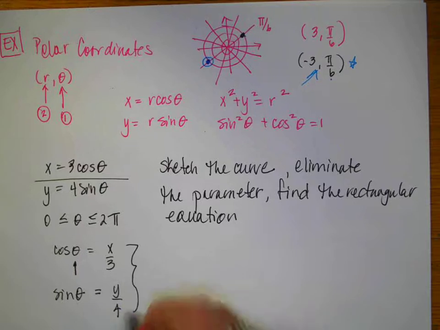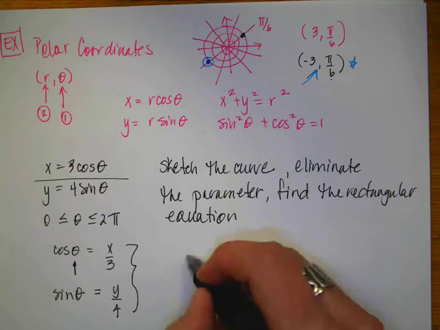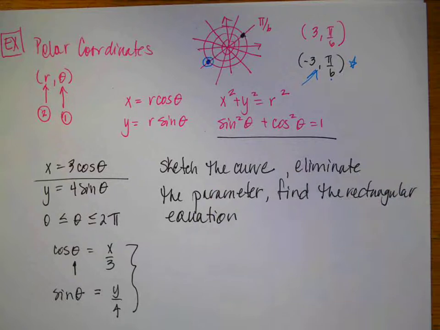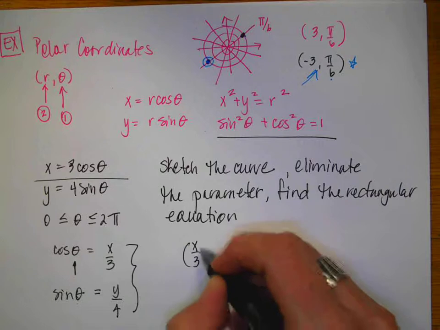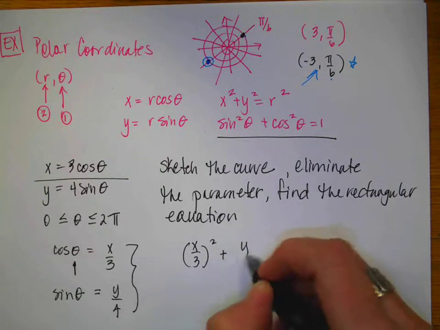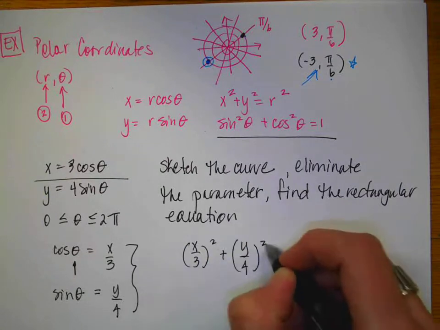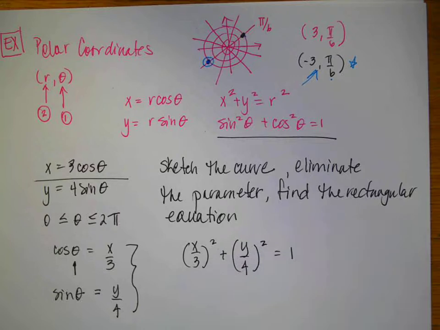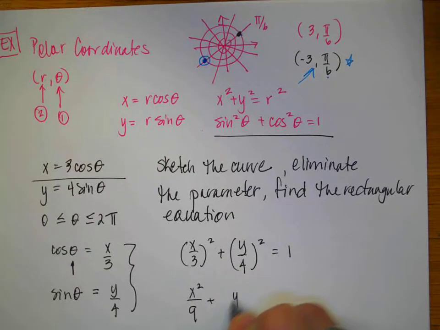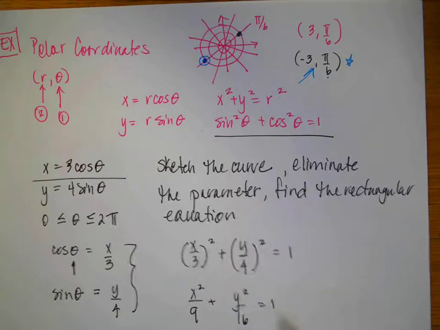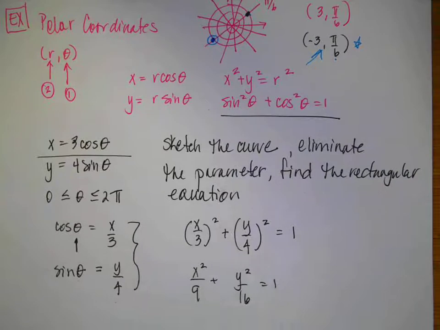But instead of eliminating, I'm going to take this information and substitute it into this equation right here, which is my Pythagorean identity. Okay, so I'm going to say x over 3 quantity squared plus y over 4 quantity squared is 1. Well, look, now it's the standard equation of an ellipse, and I would write this as x squared over 9 plus y squared over 16 is 1.